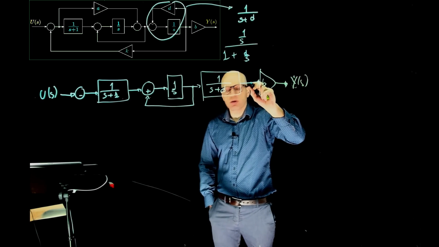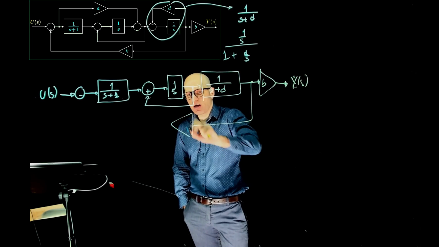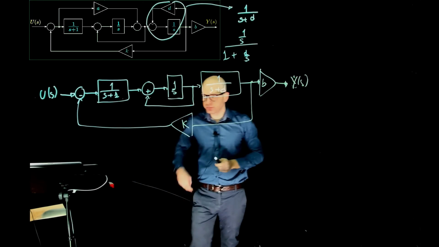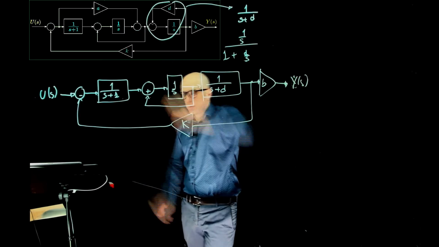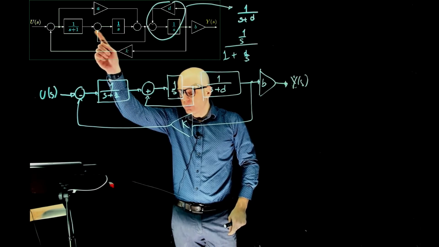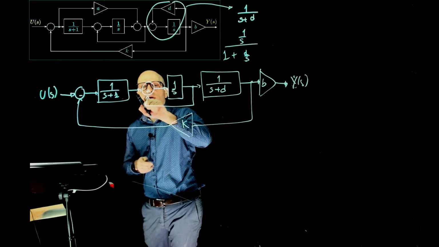And this whole thing has a feedback here. And the feedback is k, and it goes all the way to the beginning. Now we want to move this sum ahead of the block, which means that if you move the sum ahead of the block, we can simply put the sum over there. Or even create, to avoid confusion, another sum here.